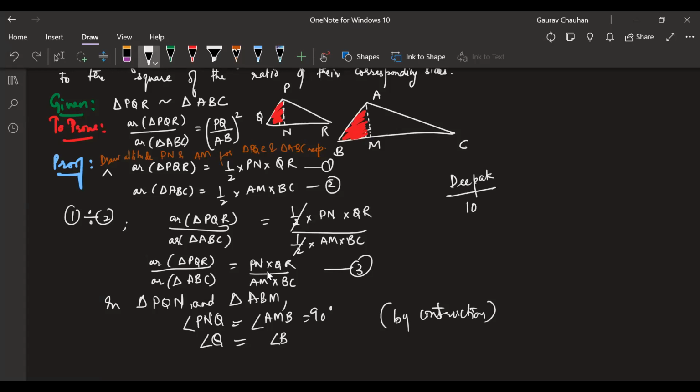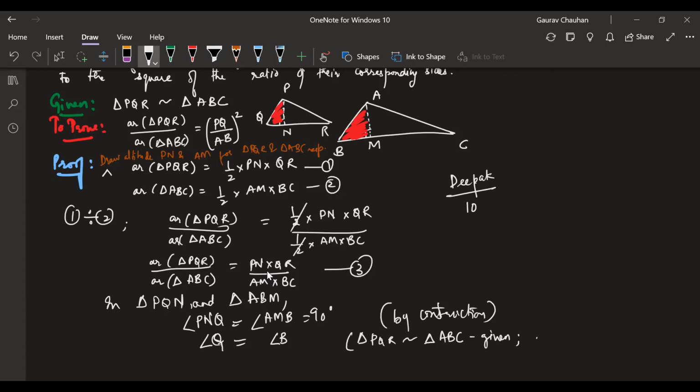Perfect. Angle Q is equal to angle B. Is this because there's only one angle Q and one angle B? Your reason will be: triangle PQR is similar to triangle ABC, which is given.